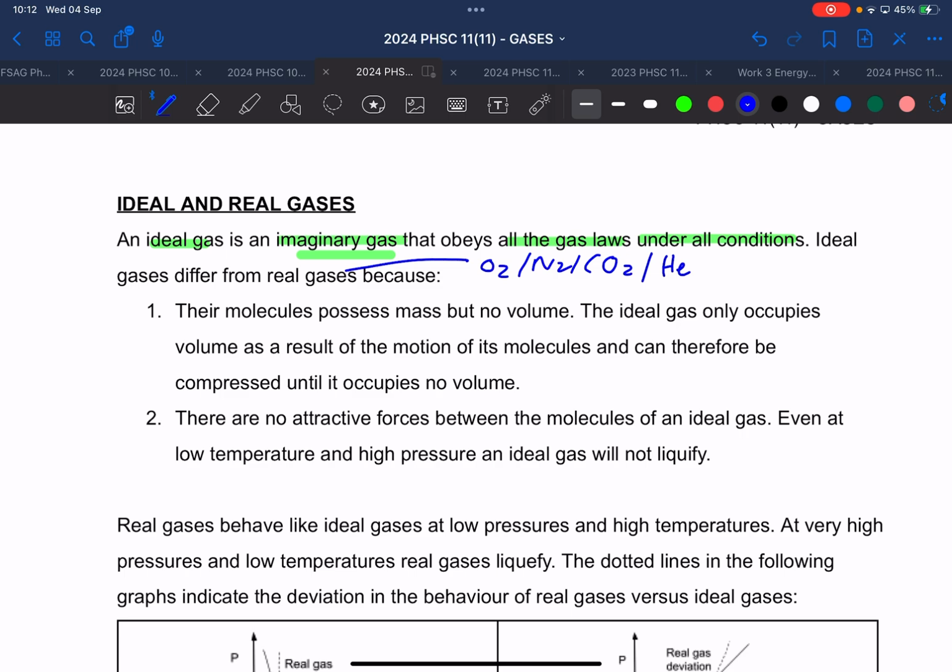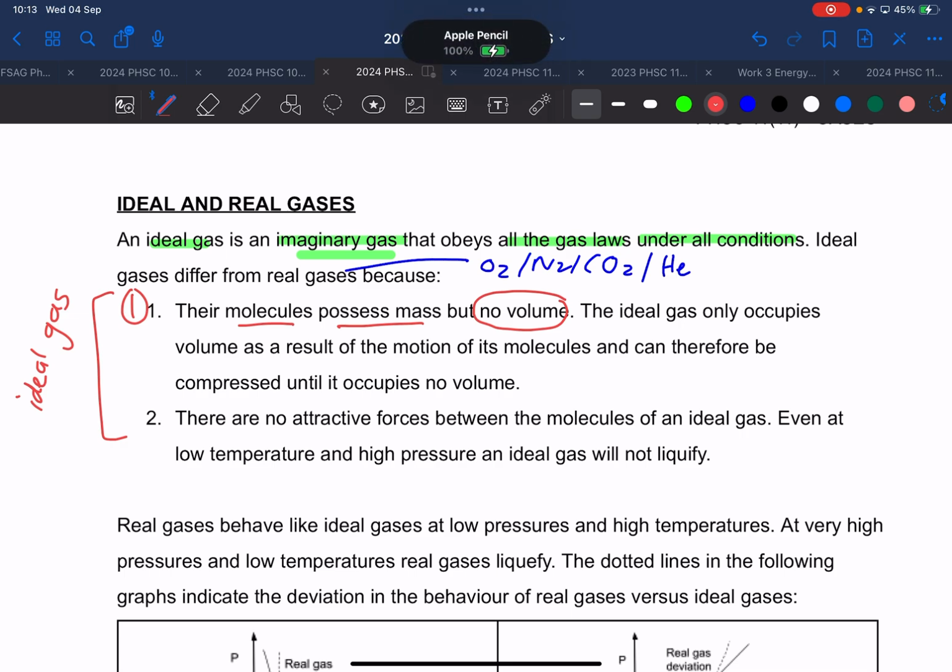Real gases are real things. So the ideal gas differs from real gases in 2 ways. Number 1, the molecules possess mass but no volume. So this here is for the ideal gas, the imaginary gas.